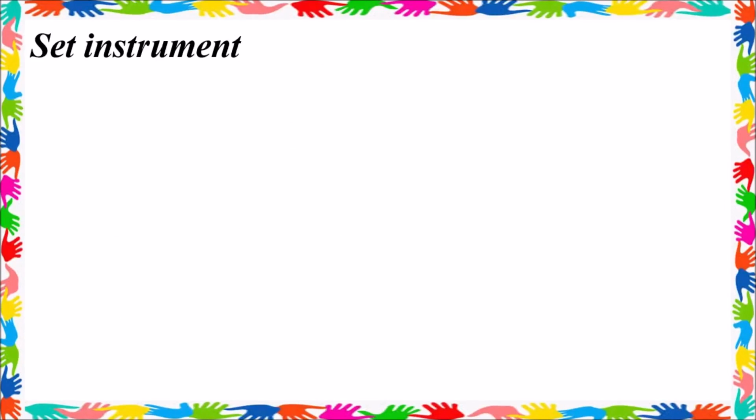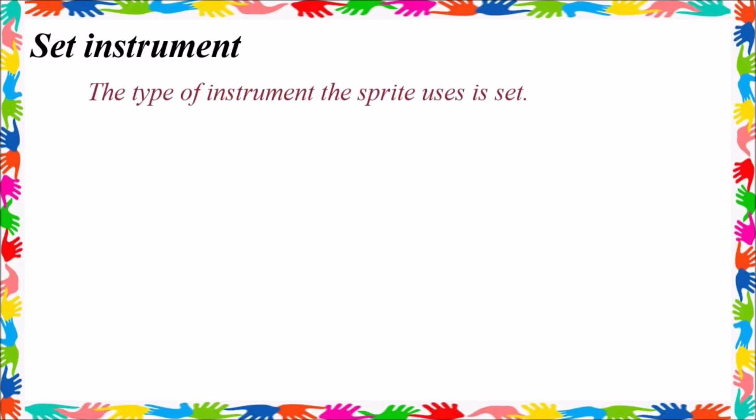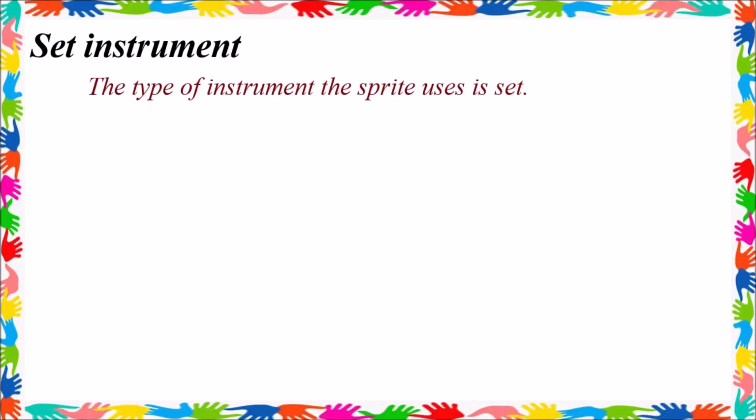Then next one, set instrument. If you go to set, different kinds of instruments are available. You can selectively set one instrument for playing music, by adding sounds in your Scratch application. This block is called set instrument. The type of instrument the sprite uses is set.